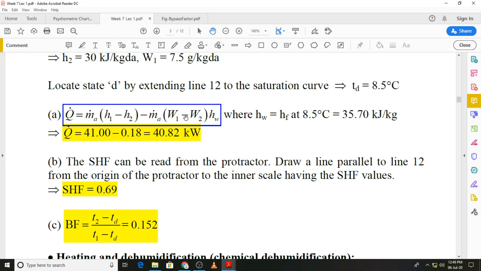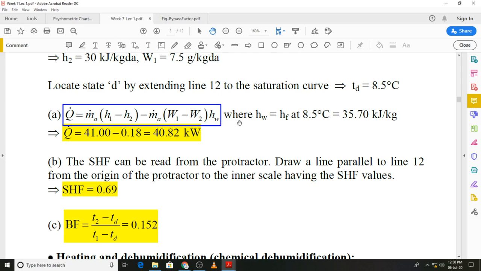Now HW will be obtained from table A1, that is properties of water, and we are told in the problem that the condensate leaves the cooling coil at the apparatus dew point, that is at temperature TD.